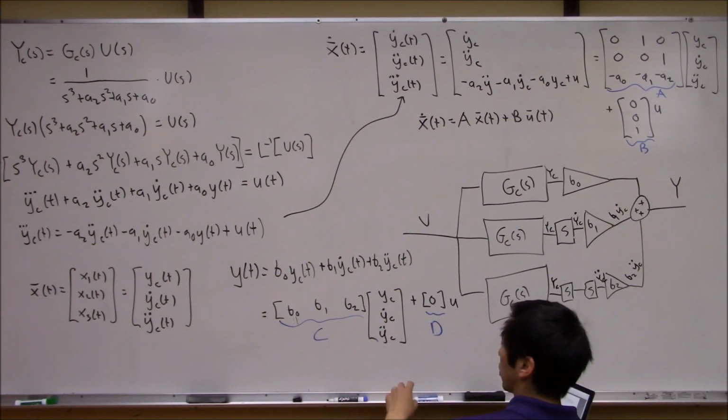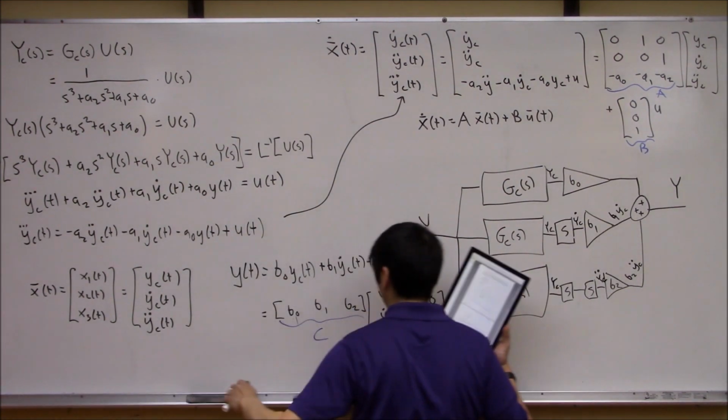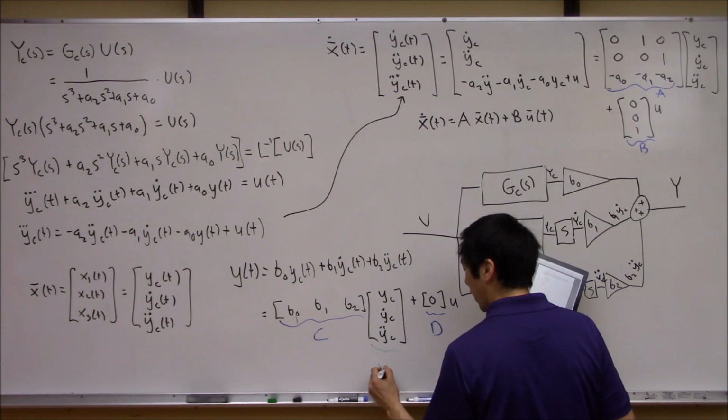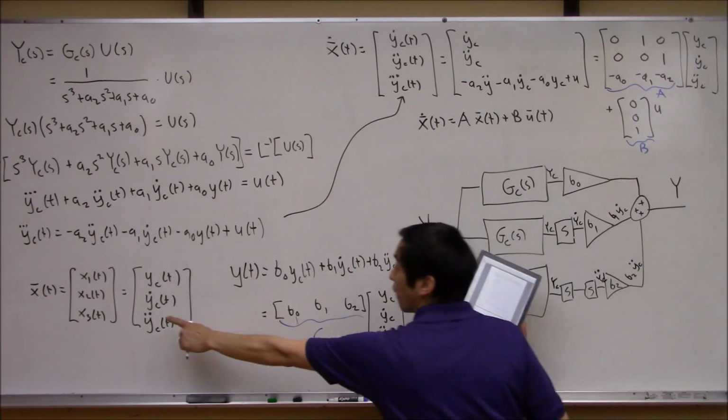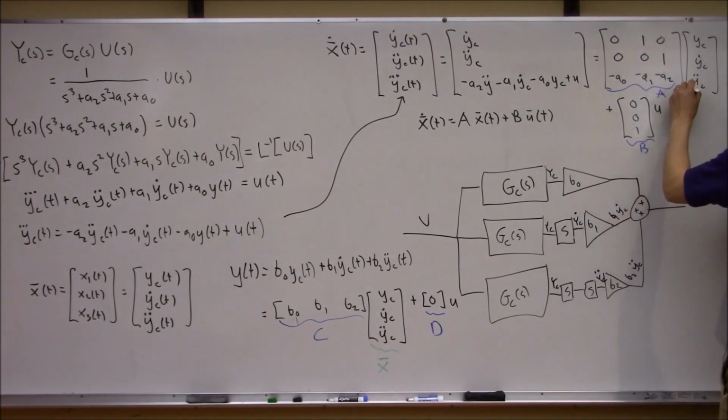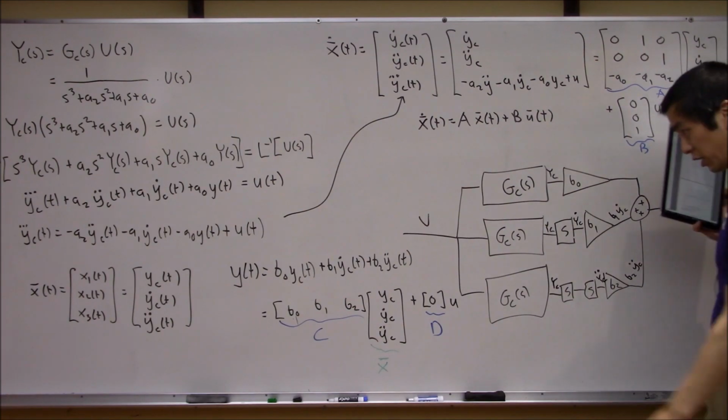Oh, and I forgot to mention, but this vector right here, isn't this basically the state vector? Similarly, up top here, this is your state vector, so that's where we're getting our state equation.